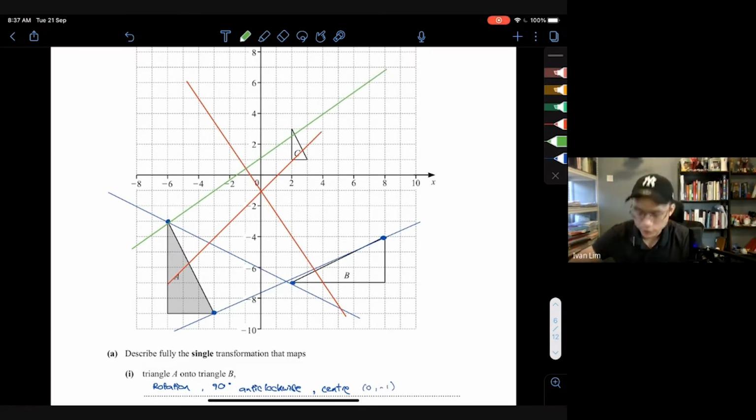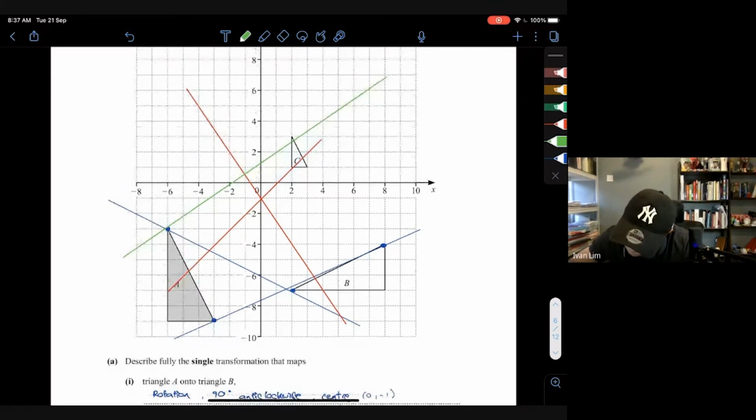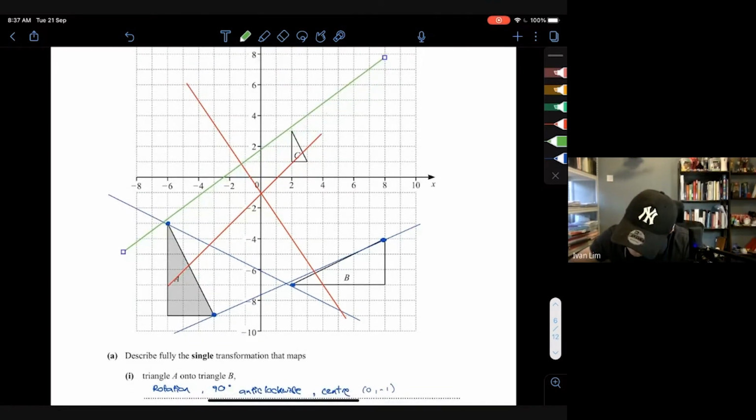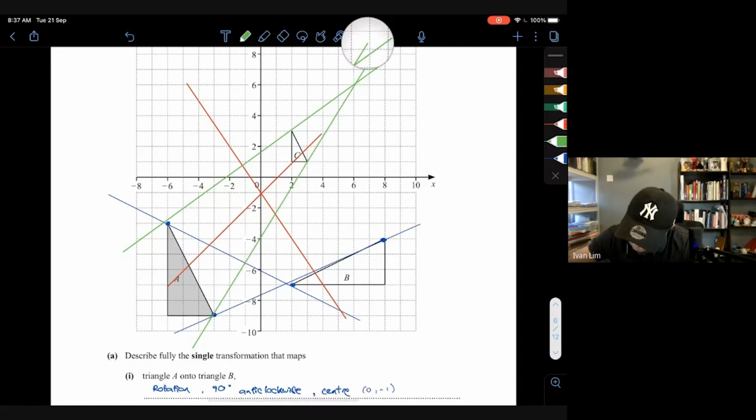Okay, then this one is easy for you to calculate. I cannot draw properly this time. Okay, it will be around here. Then join here also. Then you'll see. You just need 2 points. So this will be your center.